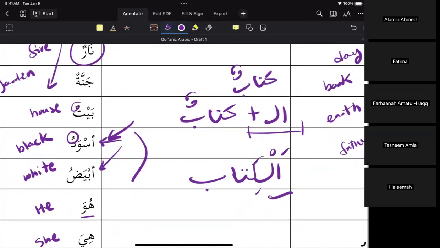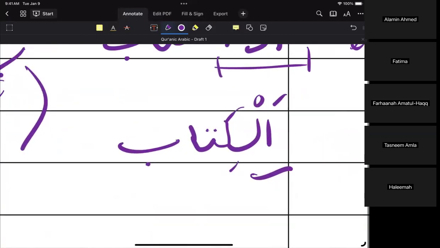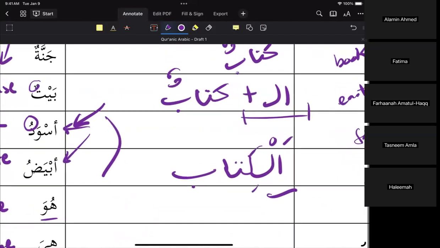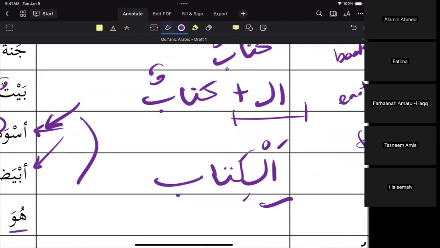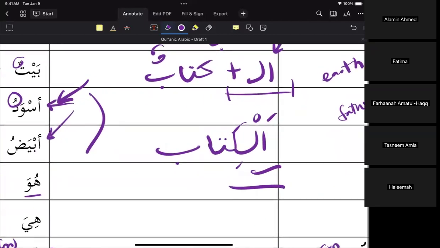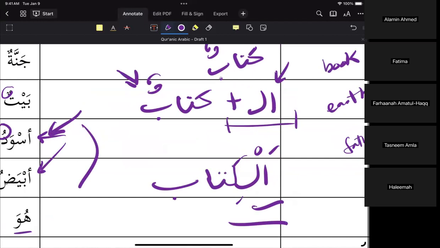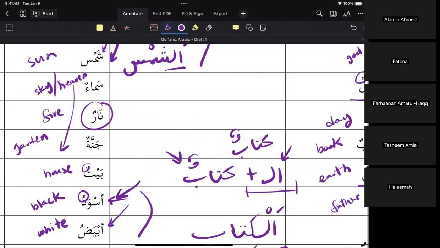Fahmtum? Now, we are adding the alif lam to the word kitab, so you have al-kitab. The main rules you need to know here: number one, of course, is alif lam. Number two is that you connect both of them. Number three is that alif lam and tanween don't coexist together. So you can never have tanween. What are tanween? Tanweens are double of any haraka.